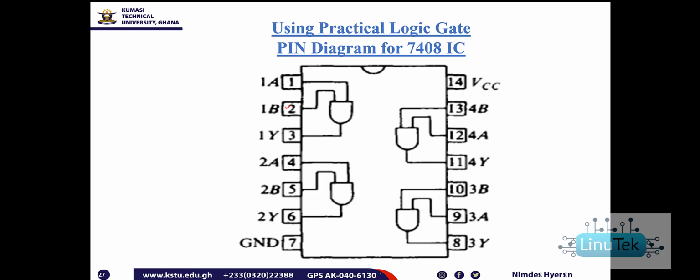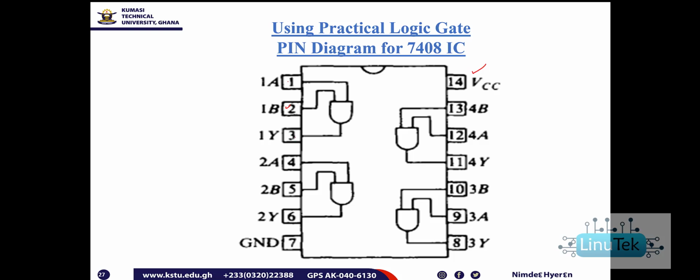And you will see that this dual inline package IC, which is 7408, has 4 sets of AND gates, which could be used to perform any logic circuit operation. Then pin 14 provides the power supply. You have pin 1 and 2, which are inputs.